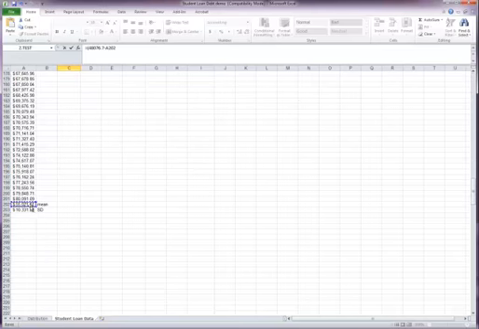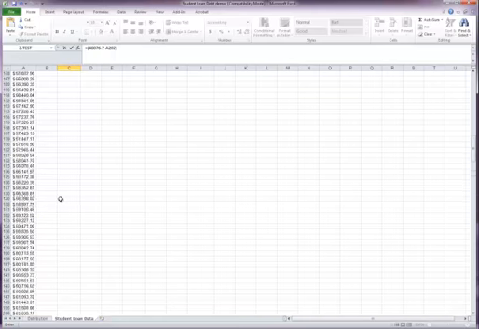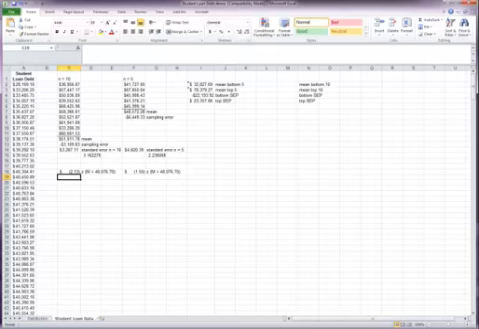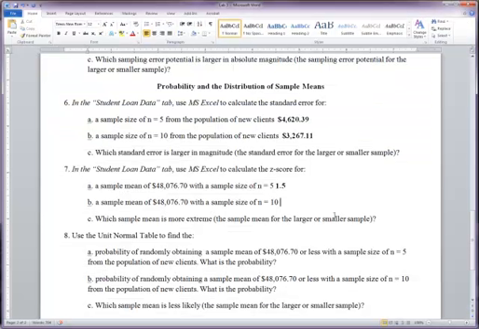Here's our population mean, and then another bracket, divided by the standard error that we calculated. And that gives us a z-score of 2.13. So Control B, 2.13.